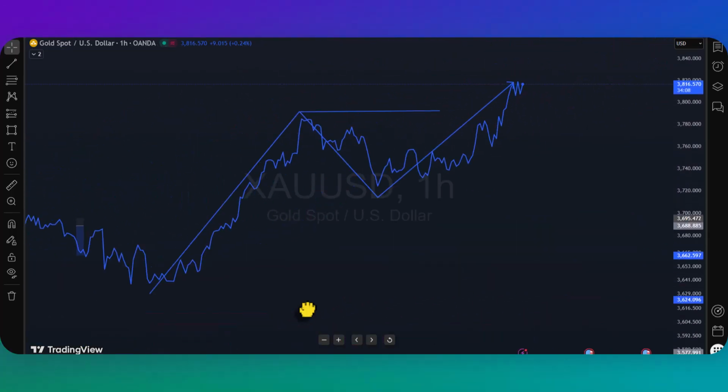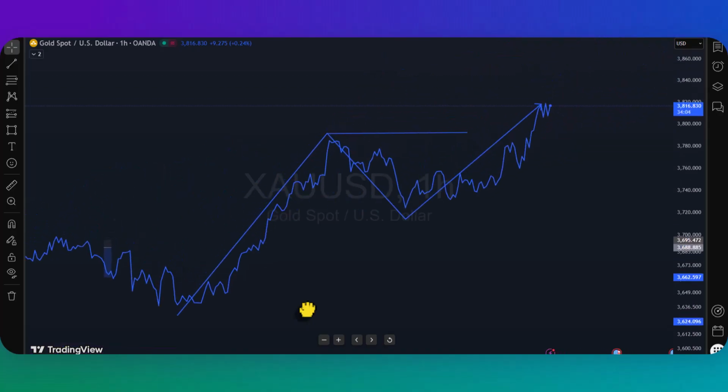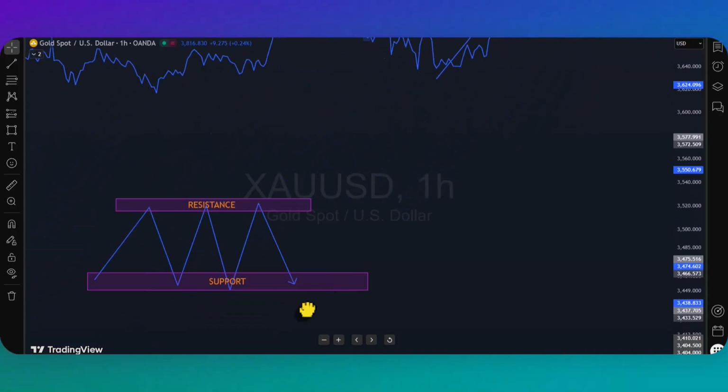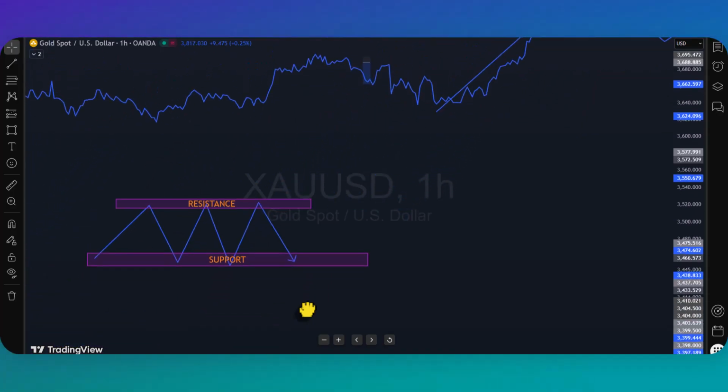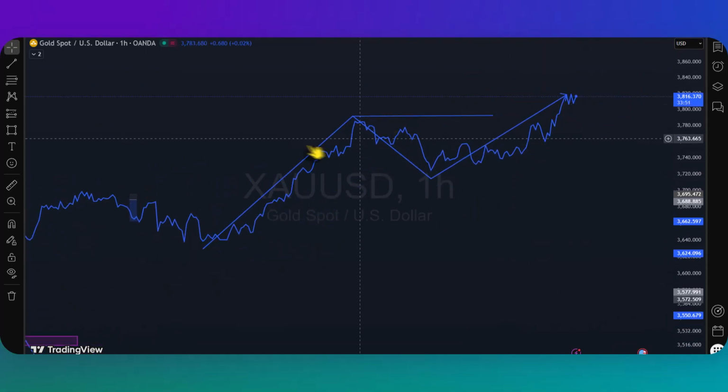The chart might look a little bit messy because it won't give you a natural look like this. So that's why I said that if you want to understand it properly, just go to the line charts and then you'll be able to understand the mechanics of support and resistance.